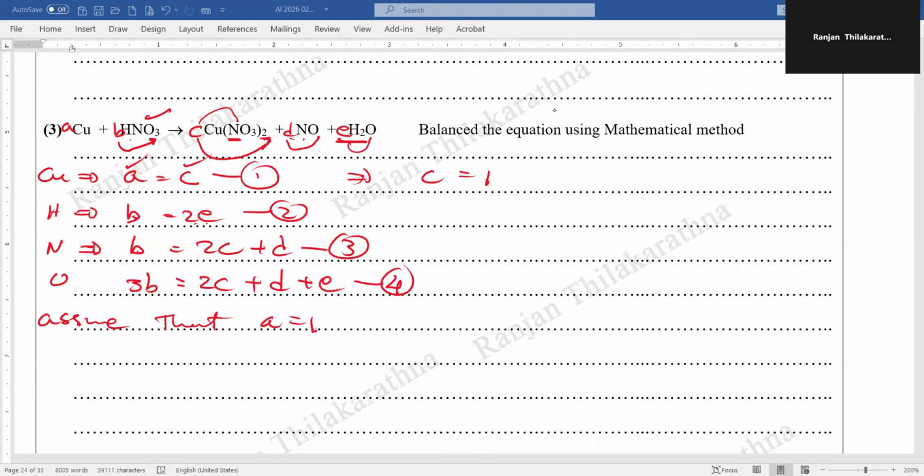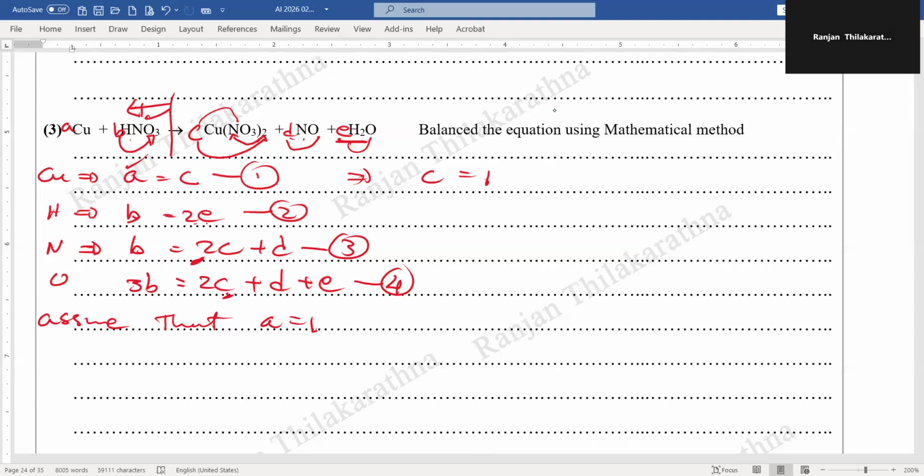Oxygen, here you have 3B, 3 times B on the left hand side. But on the right hand side you have C times 2 nitrogen, again 2C, like this 2C.